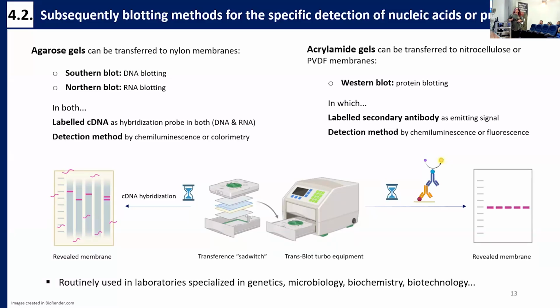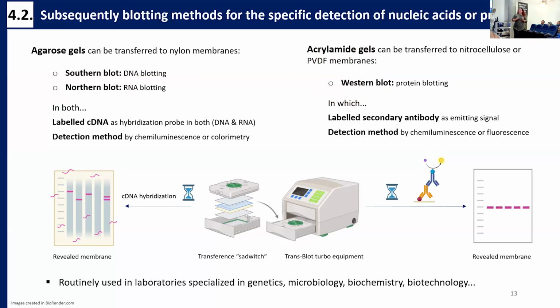To finish this part, when we have a complex mixture of nucleic acids or proteins and we want to identify if our molecule of interest is there, we can use blotting methods that, in the case of agarose gels, are called Southern blot or Northern blot, depending on the nucleic acid type that we are blotting, and in the acrylamide gels are the Western blot.